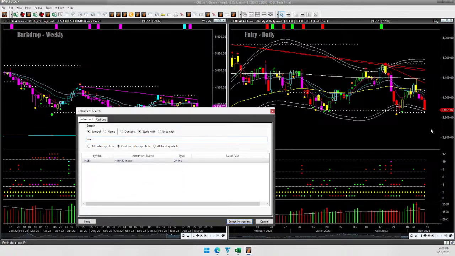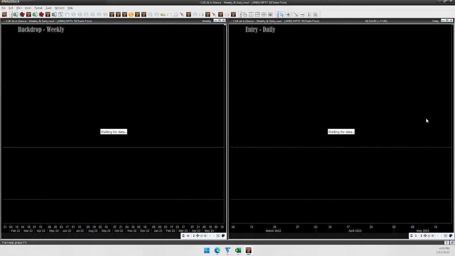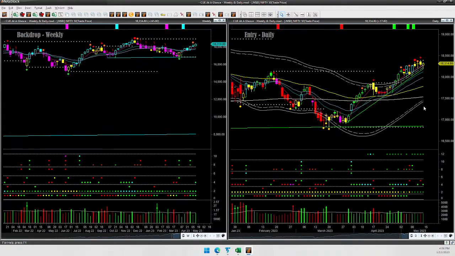India's Nifty 50 index. India market used to be the strongest of the global markets, in fact, stronger than the USA markets also, and that is true now again.